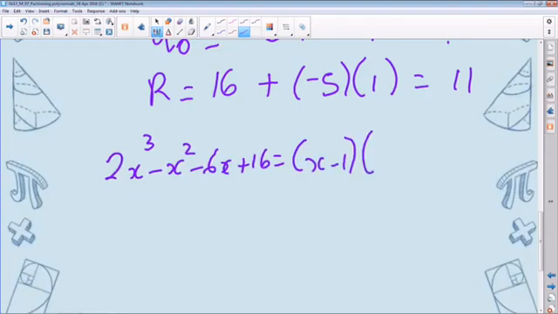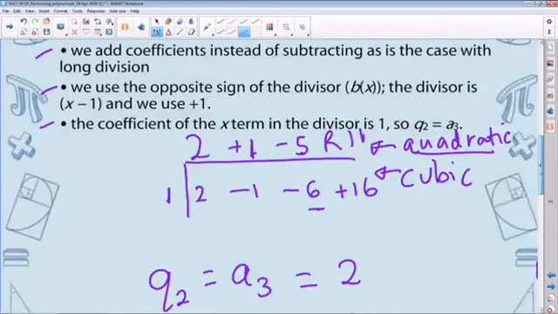Now remember, your first value was 2, so it's 2x squared. And then your other quotient coefficient for your x term was 1, so it's going to be plus x. And then the constant term was minus 5, and plus my remainder, which is 11. These values, 2, 1, minus 5, were what I was working out. So those were the coefficients of my quotient.